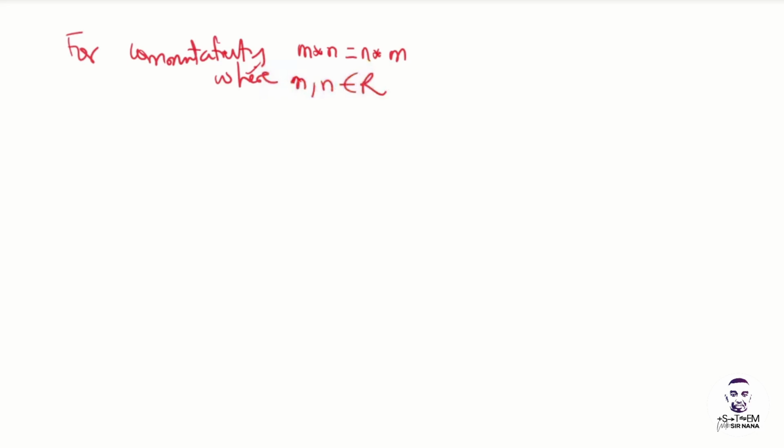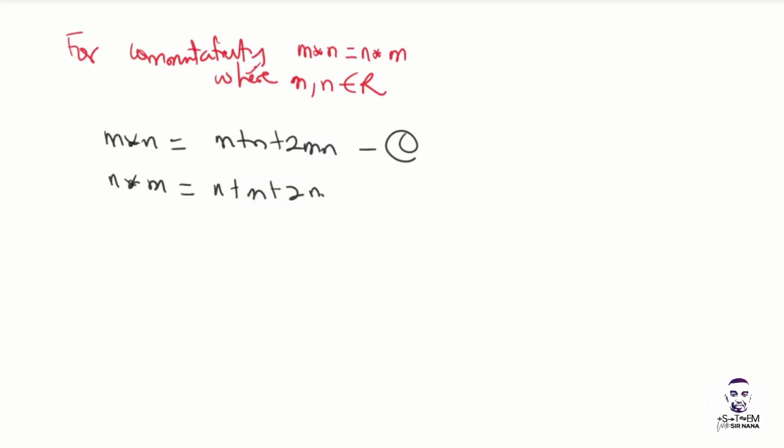We want to take the first part, which is M operation N, and we know that that is M plus N plus 2MN. Now let's call this equation 1. Then we'll take the other way around, where we have N operation M, and this will give us N plus M plus 2NM. We call it equation 2.